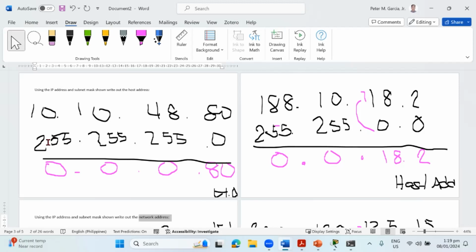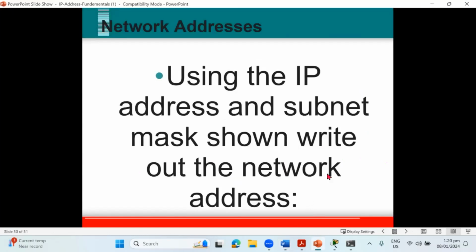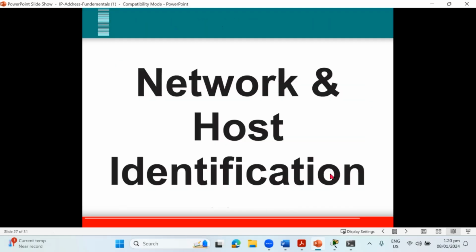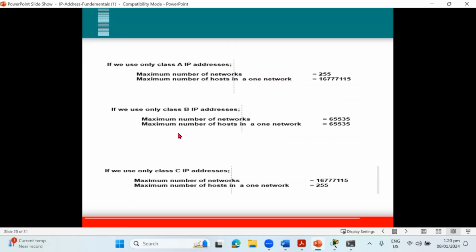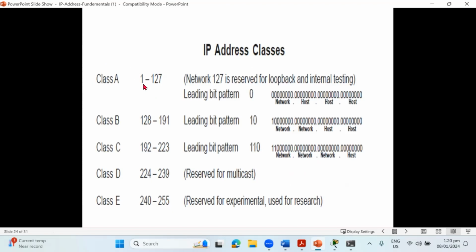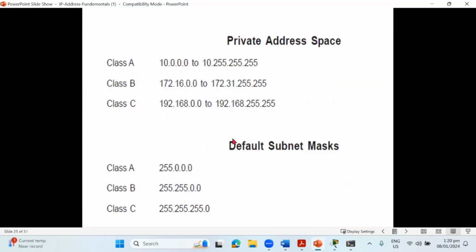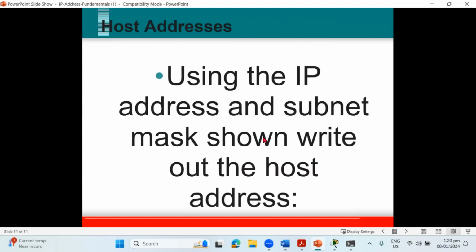Then sa mga ranges, kailangan determine kapag class A, magsisimula siya sa 1 to 126. Class B, 128 to 191. Class C, 192 to 223. Pwede nyo ilagay ito sa index card. Kailangan nyo ang mga ranges para magamit nyo for the exam natin on finals next week.